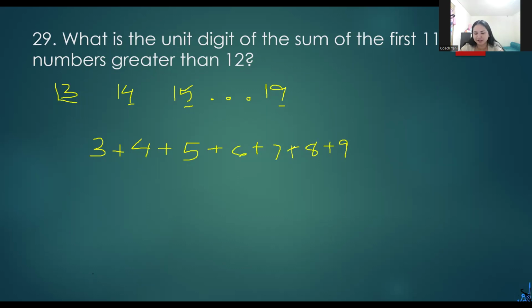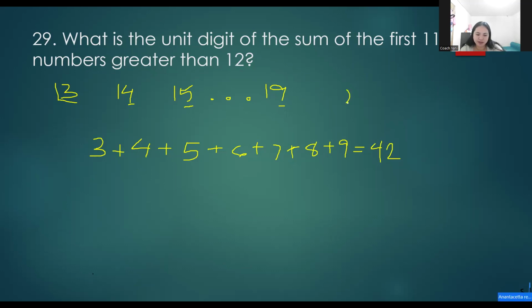Marcos, what's your answer? What's the sum from 3 to 9? Don't we have a formula for that one? Adding numbers. What's your answer? 40. Yeah, you need 42. And then what else?